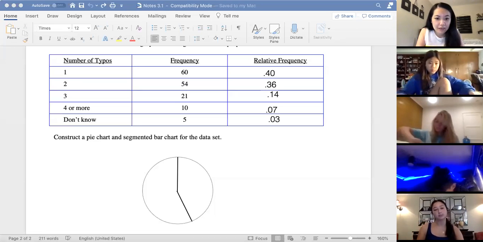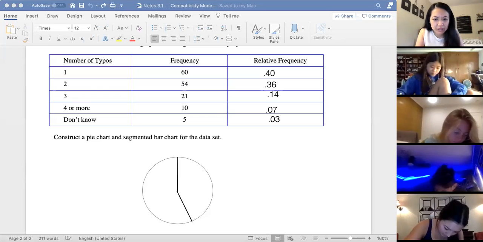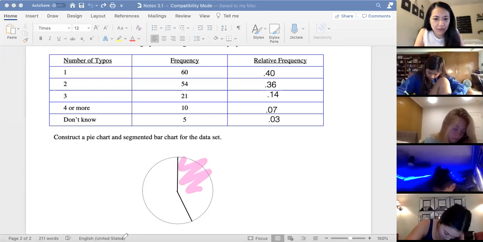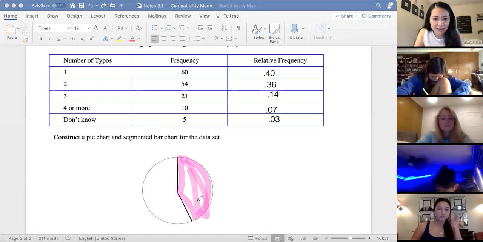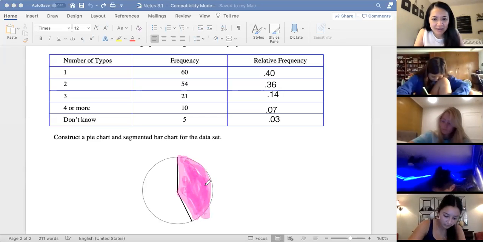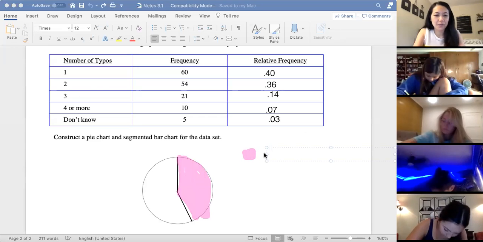And then I'm gonna color as I go. All right, so that's gonna be my first, so one typo.